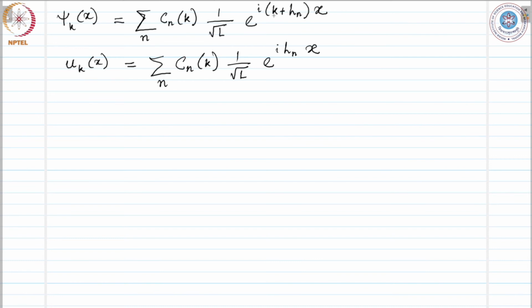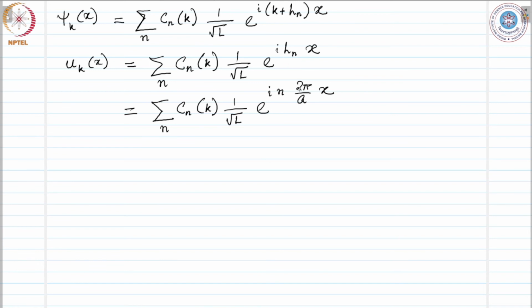So, the k part is not included in u k; only the hn part is taken here. This can be written in a slightly different form: sum over n of Cnk times 1 over square root of L e power i n twice pi over a times x, putting the form of hn here.